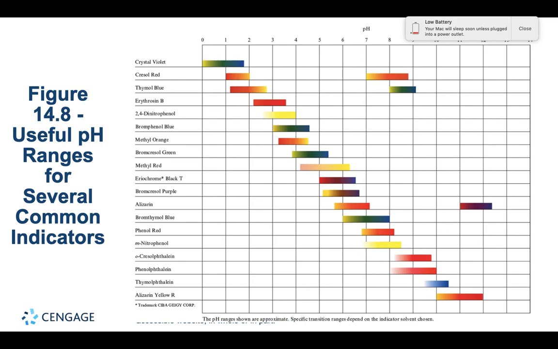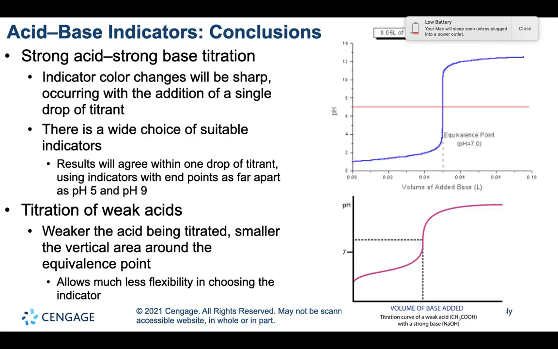So you see how everything has about a 1 or 2 pH unit range here. Bromothymol blue, see how it's centered at 7. It's yellow at 6, it's blue at 8, it's greenish in between 6 and 8. Phenolphthalein changes color right around 9. You only start to see the faint pink at a little bit above 8, and it's pretty much dark red by pH of 10. So phenolphthalein actually works well with a weak acid.